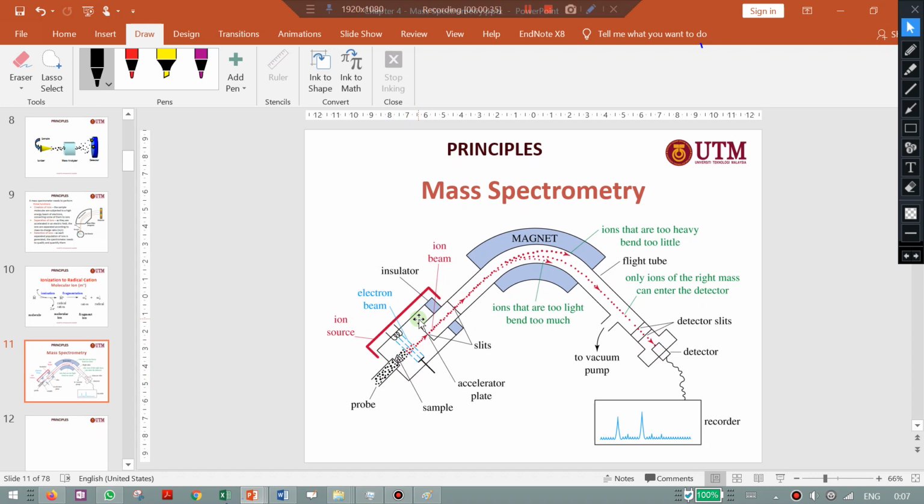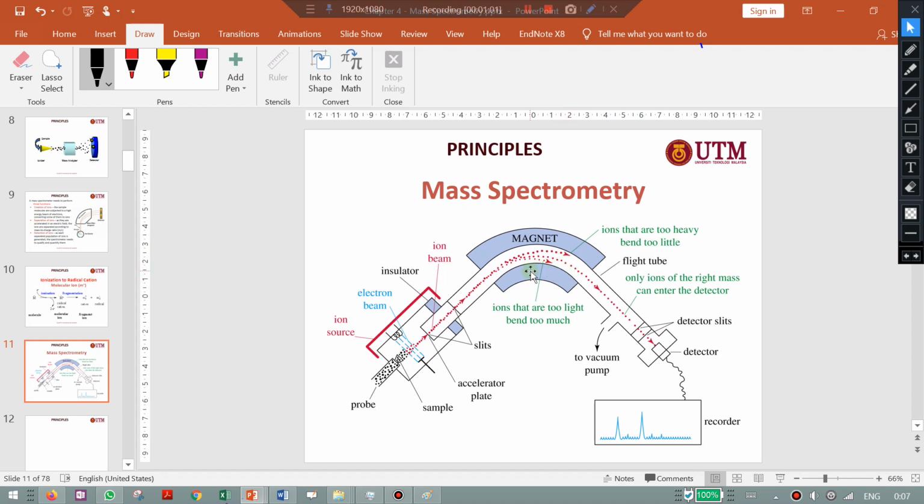The radical cation tends to form fragmented ions. The fragmented ions go through, and because we have the magnet over here, we separate them according to the mass to charge ratio.